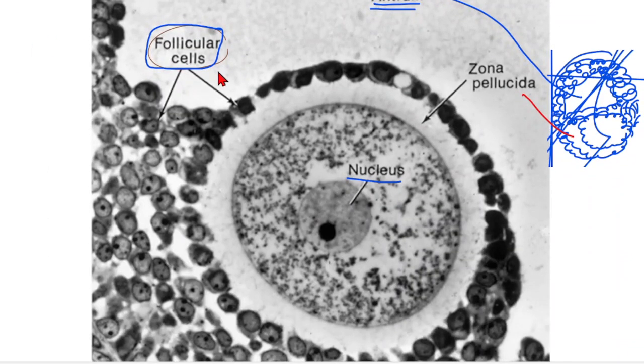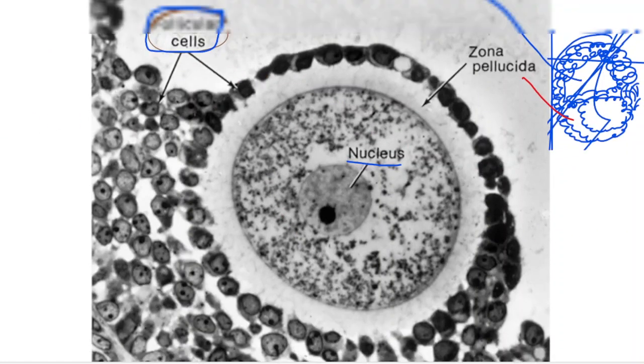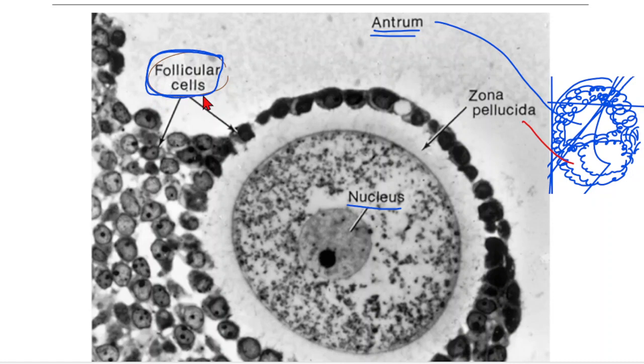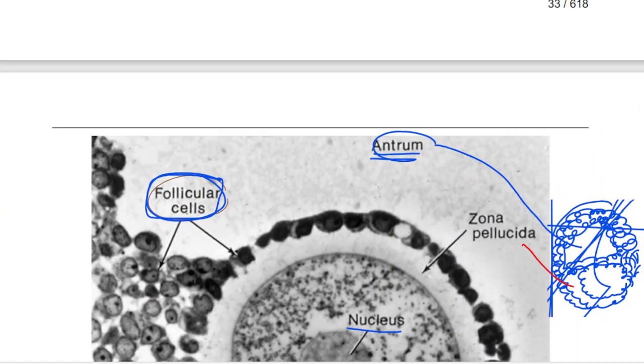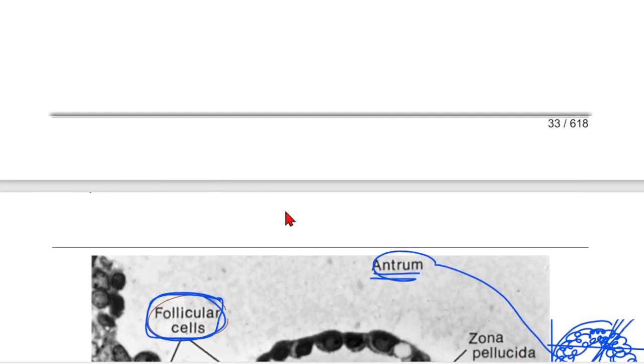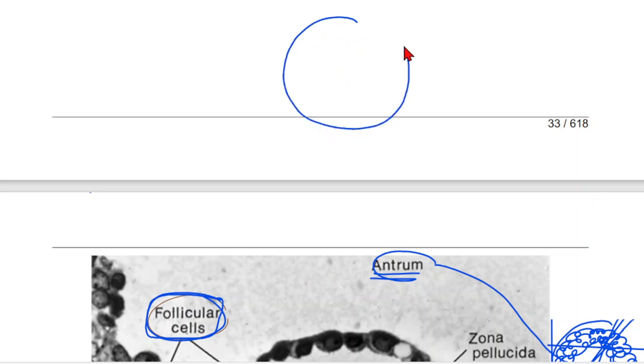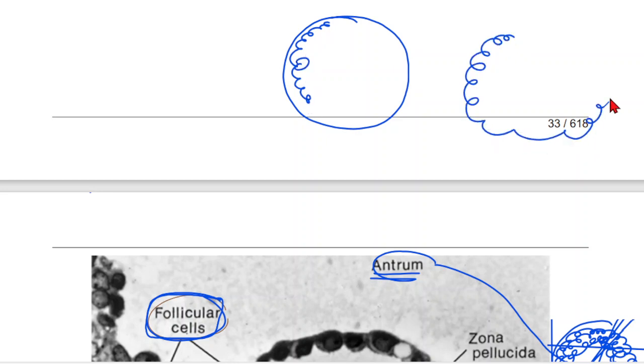Now come here and see, this is the oocyte. Here you can see this is the follicular cell, this is the antrum. The antrum is the space between the follicular cell and the zona pellucida. For example, this is the zona pellucida, and there are layers.